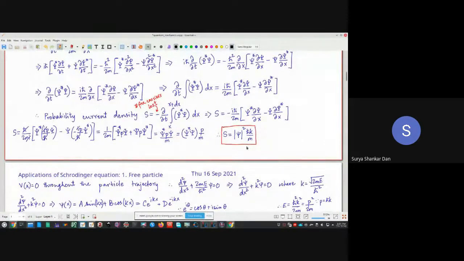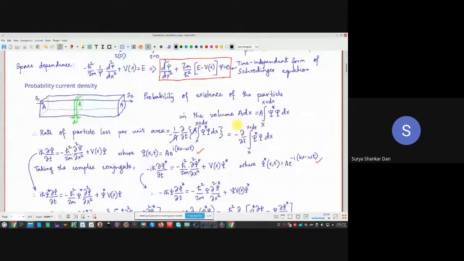So if you notice clearly in the previous lecture, we have seen psi square. Remember psi is the wave function. So psi will always have a form like that, isn't it? So if psi is like that, mod of psi is basically A, because this is essentially an exponential of an imaginary part, so this is essentially the phase.